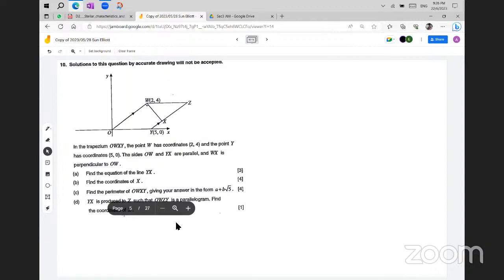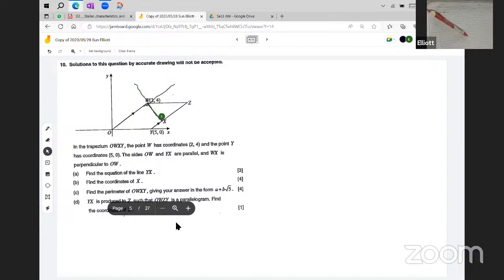You can do anything with the diagram. Okay, nice. All right.